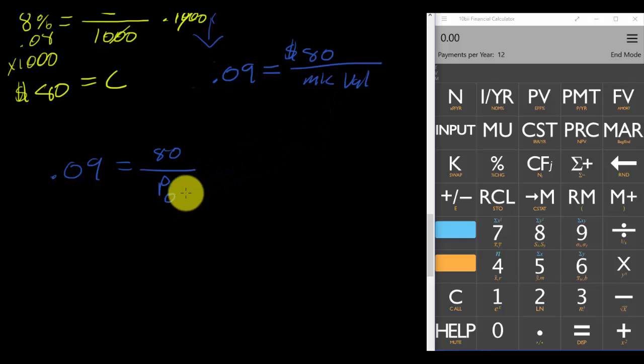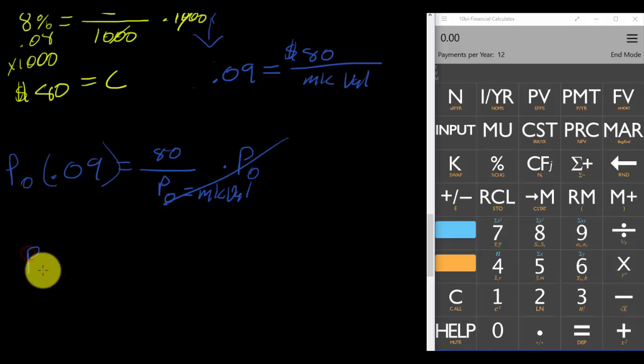Price of the bond equals market value of the bond. So now what do I need to do? I need to isolate P sub 0. So let's multiply times P sub 0, or market value. That cancels that, but I've got to multiply it on the other side. So I end up with P sub 0 times 0.09 is equal to 80.